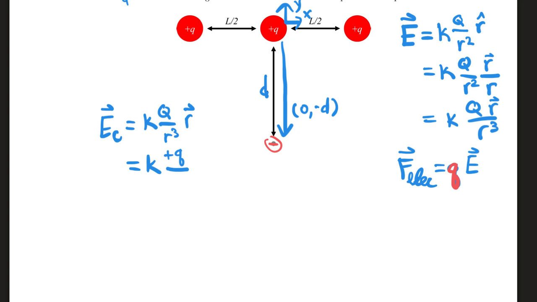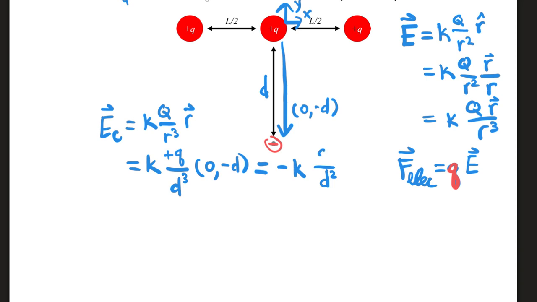So that is going to be d cubed, and then times our r vector, which is 0, comma, negative d. Or in unit vector notation, we have minus k, where the minus is from that minus d, and then d in the numerator and d cubed in the denominator, so that gives us a d squared overall in the denominator.